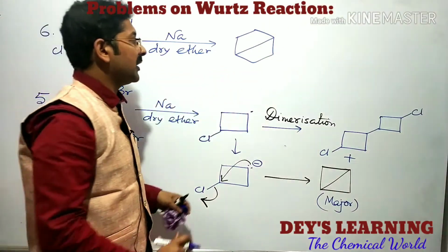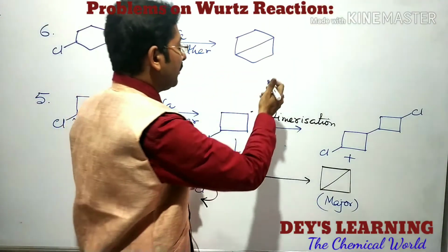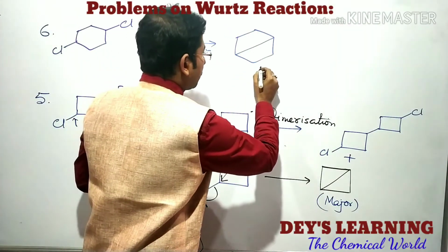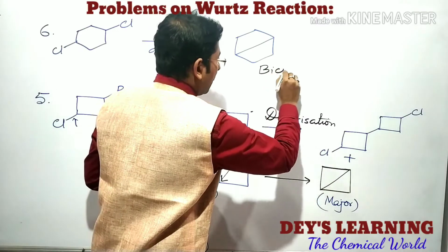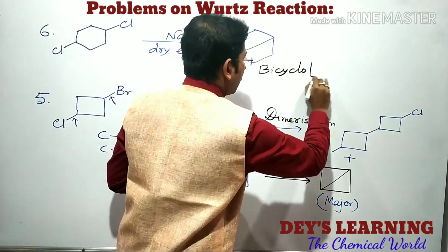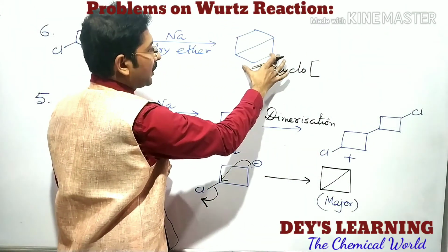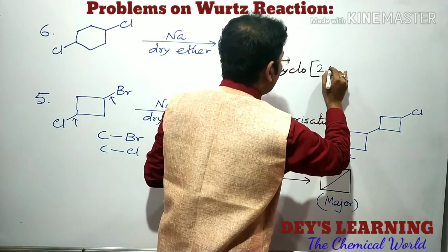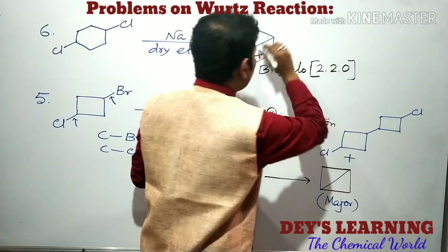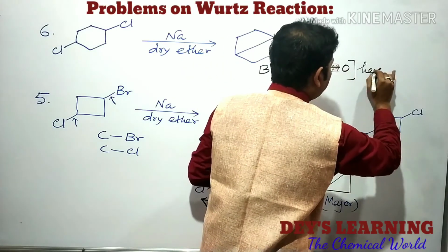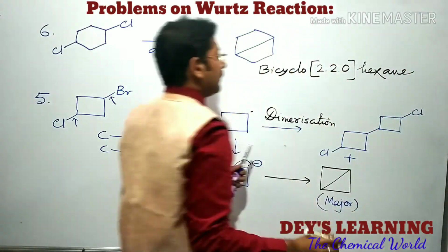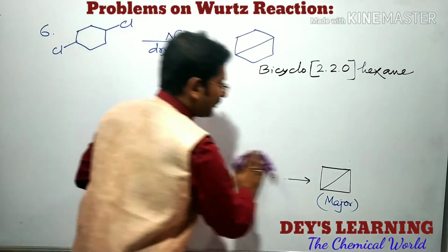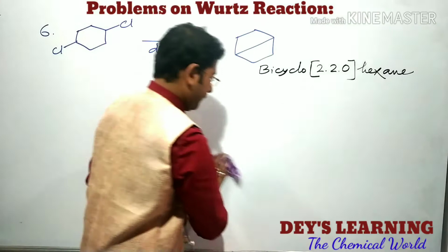Definitely this one is a bicyclic compound. The name of the compound is bicyclo. 2 carbons over there, 2 carbons over there. These two are bridgehead carbons. So this one is 2, 2, 0, 6 carbons over there, hexane.